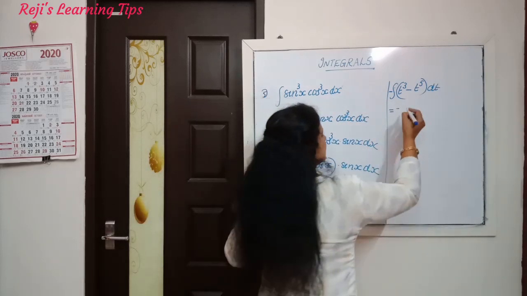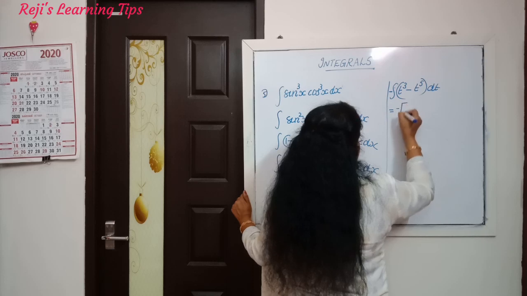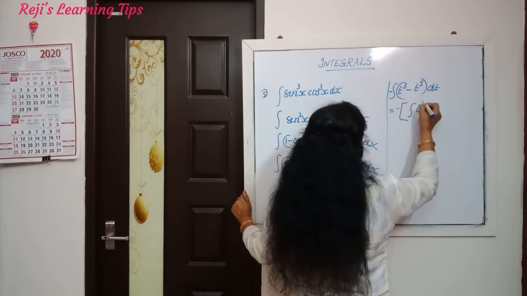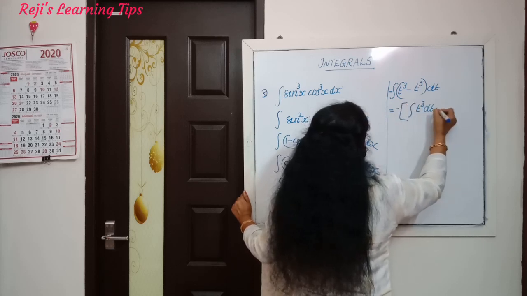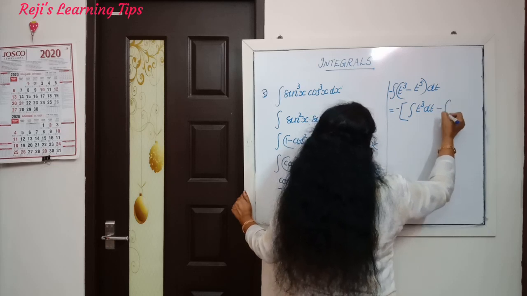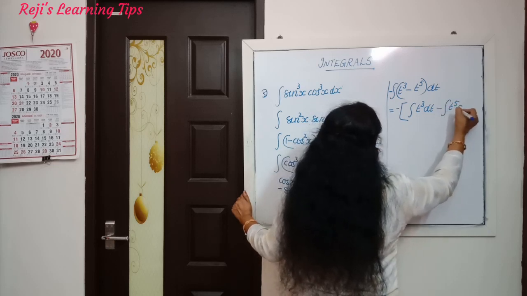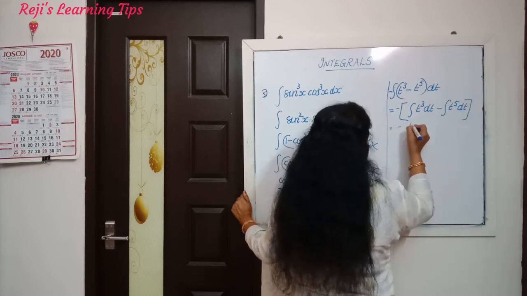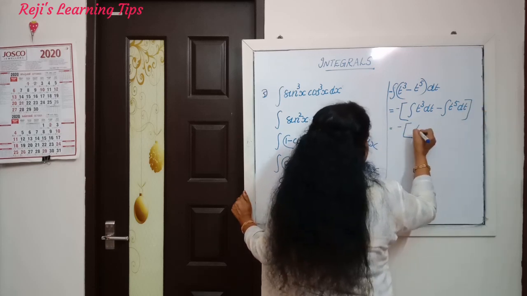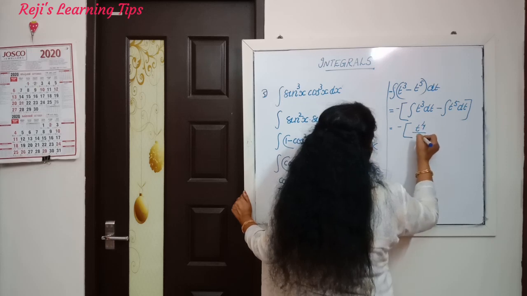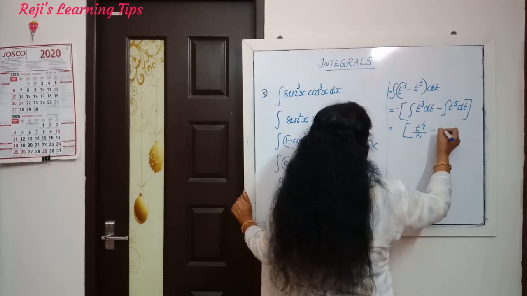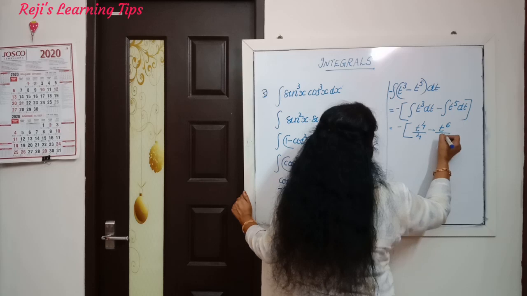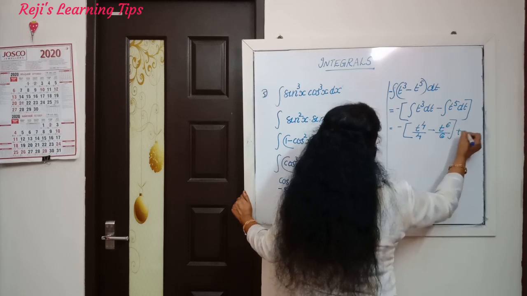Then we can open the integrals: the integral of t cube dt minus the integral of t raised to 5 dt. That is equal to minus of t raised to 4 by 4 minus t raised to 6 by 6, plus c.